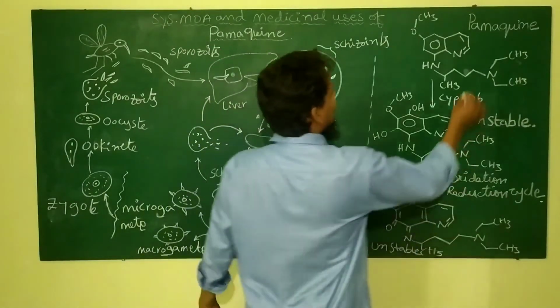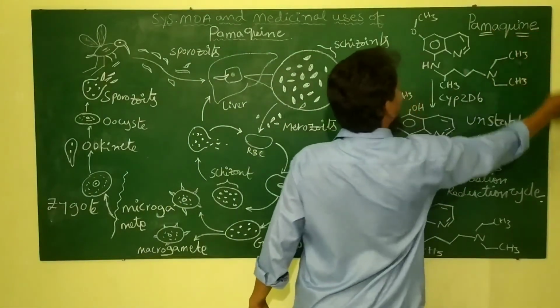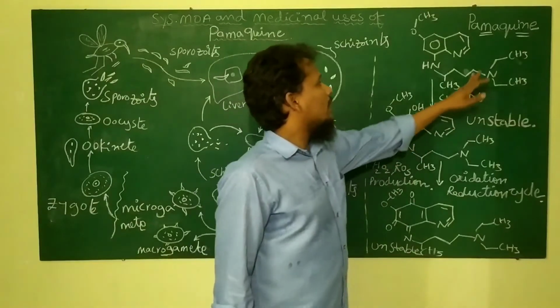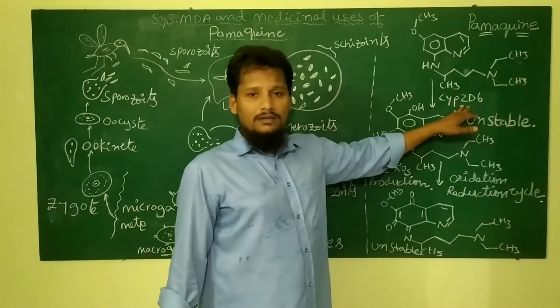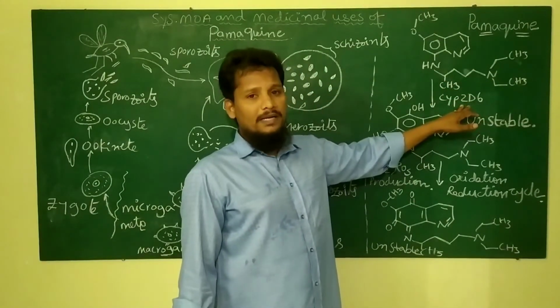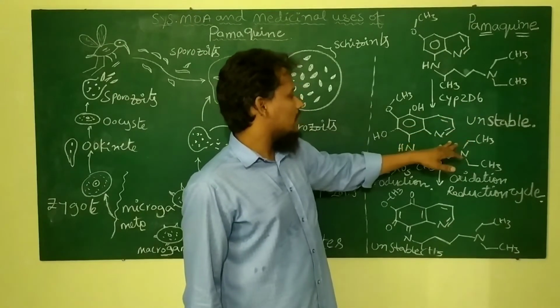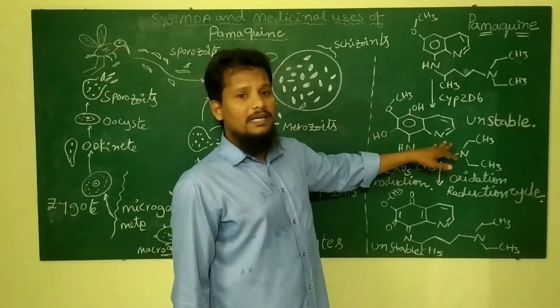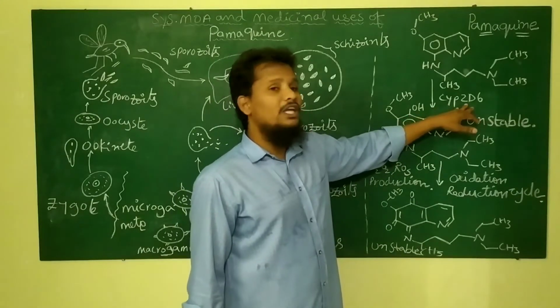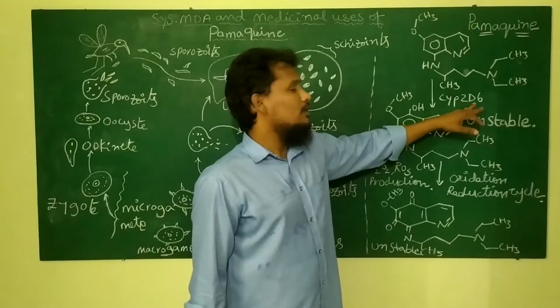So our drug pamaquine, when it enters into the liver hepatic cells, is metabolized by the enzyme CYP2D6, cytochrome P2D6.